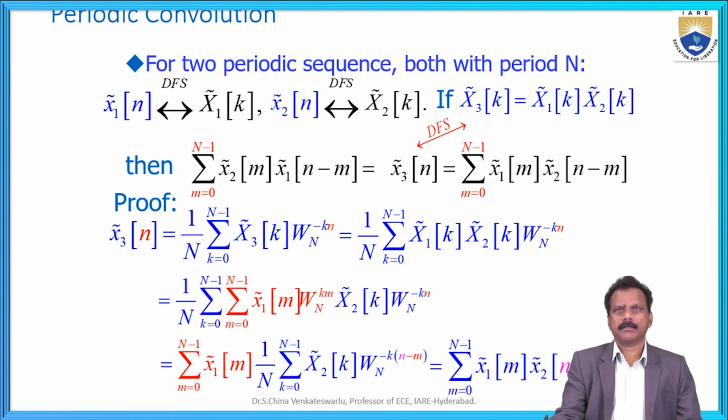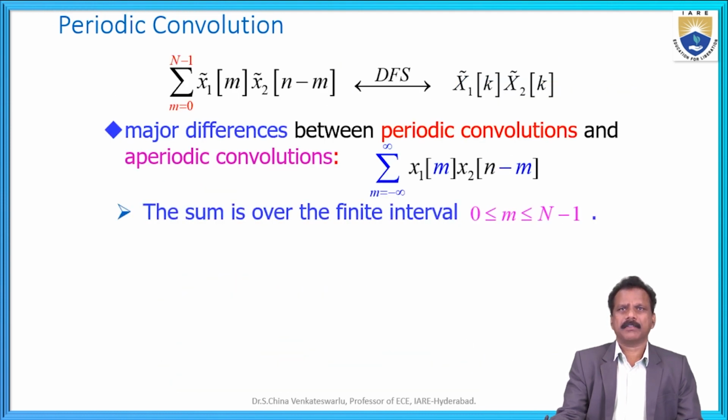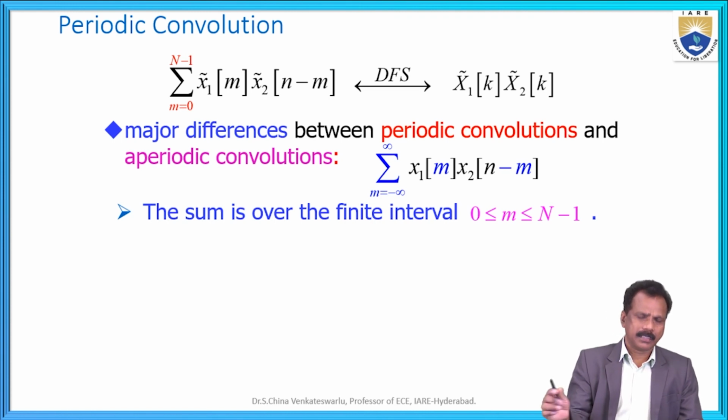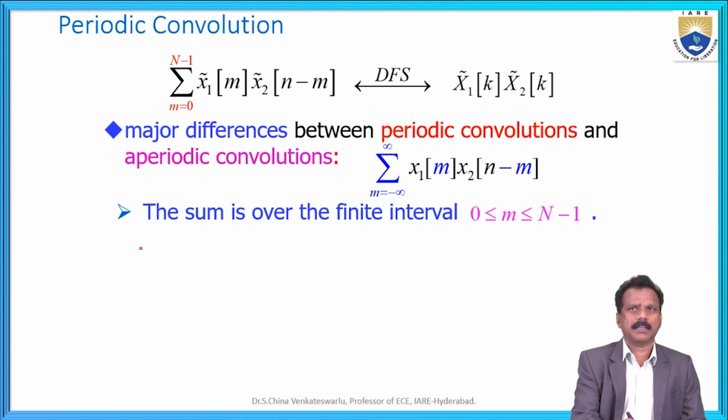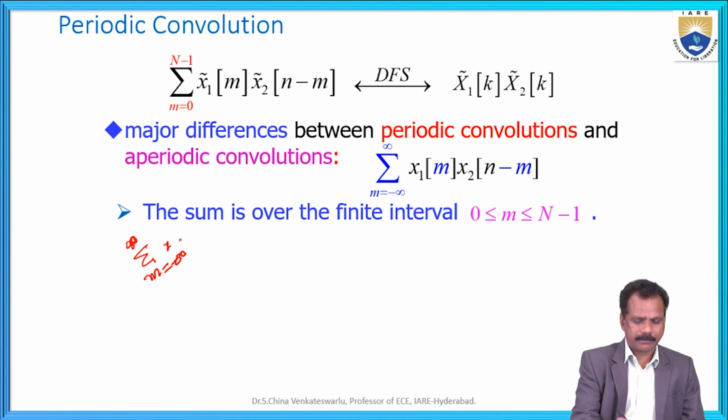With reference to this, the properties include periodic convolution. The major difference is between periodic convolution and aperiodic convolution. Aperiodic convolution is the summation over m from minus infinity to plus infinity of x1 of m into x2 of n minus m.